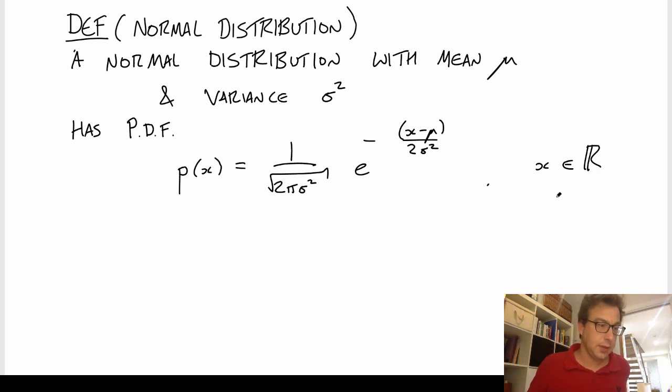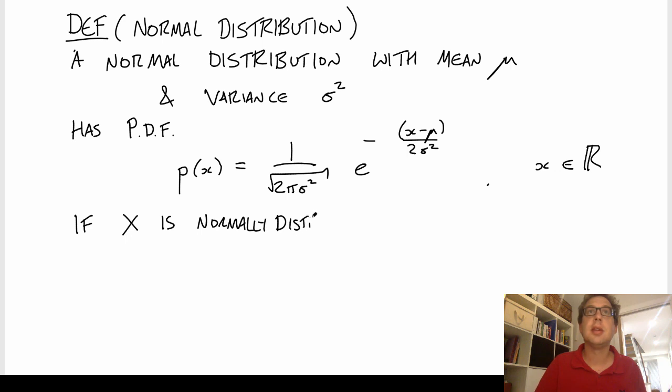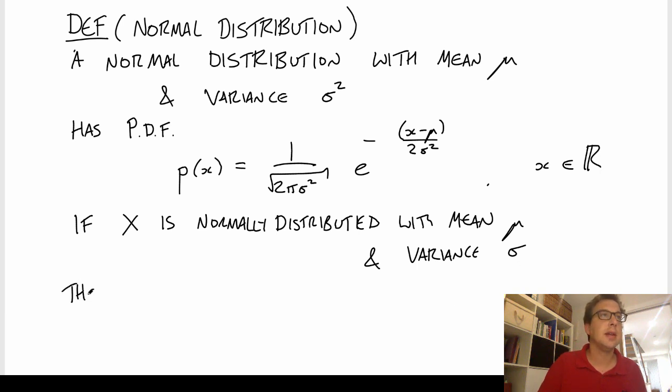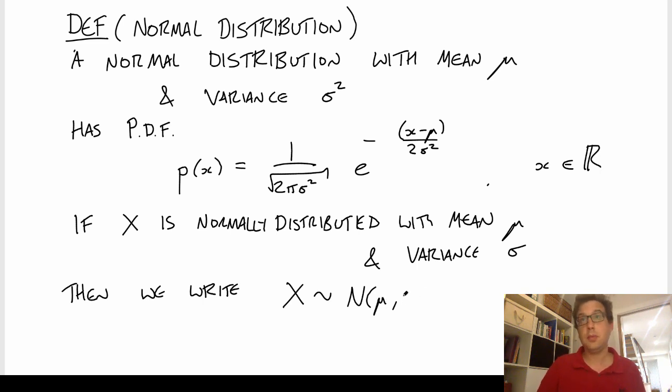Okay, so if x is normally distributed with mean mu and variance sigma squared, then we write x is distributed as a normal distribution, and rather than having a 0 here, because the mean was 0 previously, we put mu, and rather than putting 1 here, we put sigma squared.